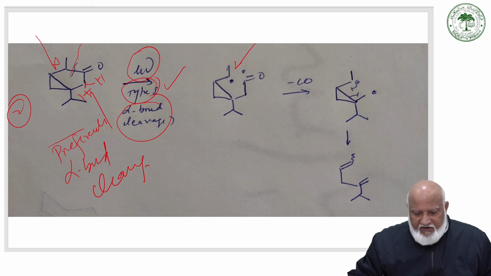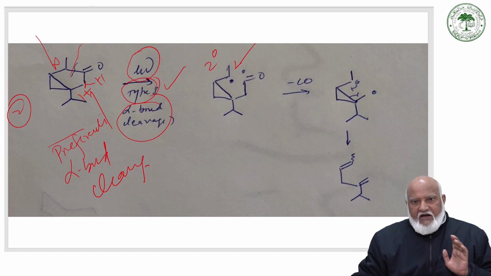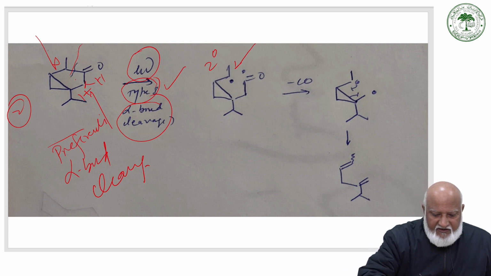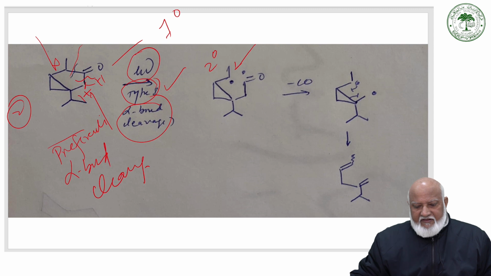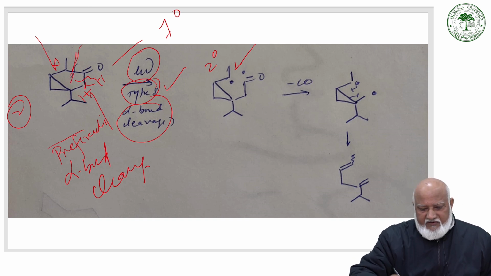This is going to be a secondary carbon center radical. If we cleave the other bond, we are going to generate a primary radical, and we know that the more stable radical is going to form and lead to the final product. So this will undergo preferential cleavage to give you this radical.